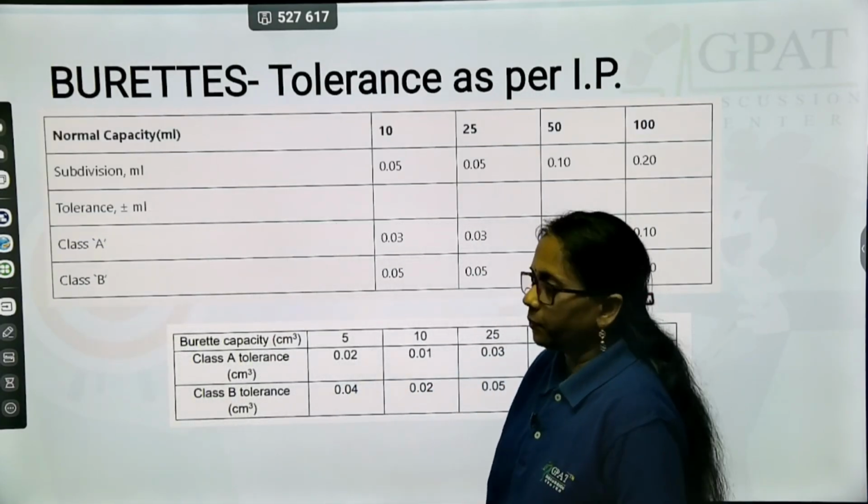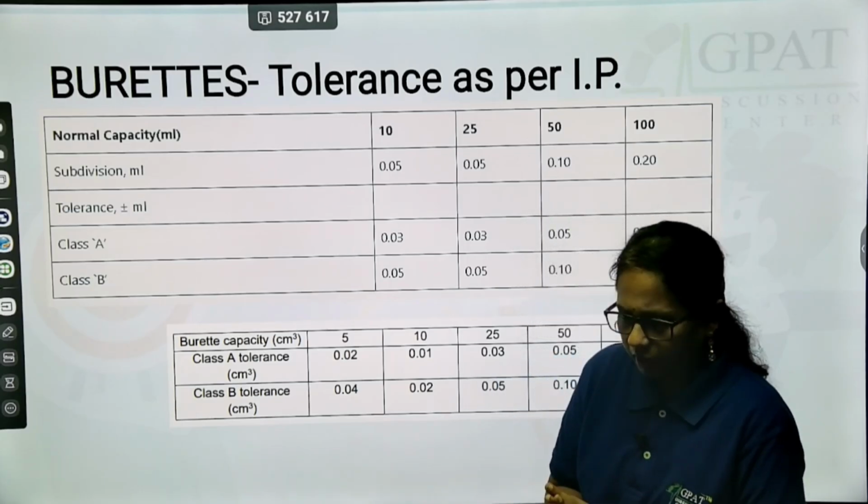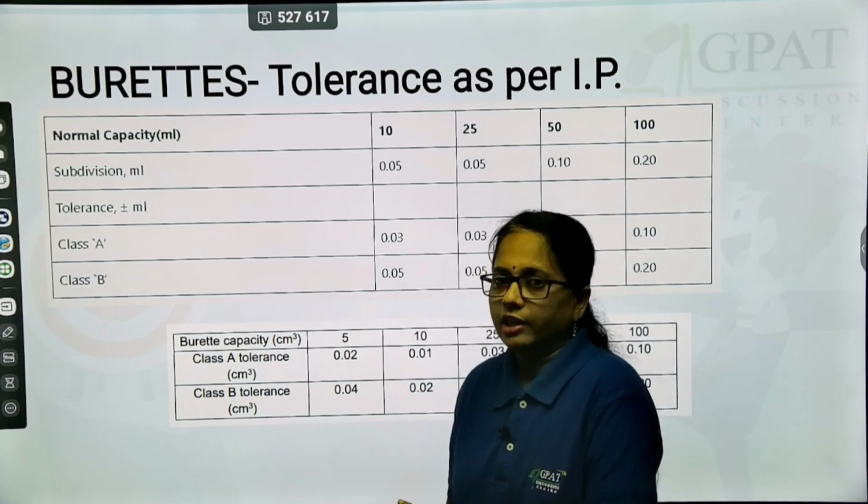And finally, the burettes. Pipettes, burettes and volumetric flasks are the highly used glassware in the normal analytical division.